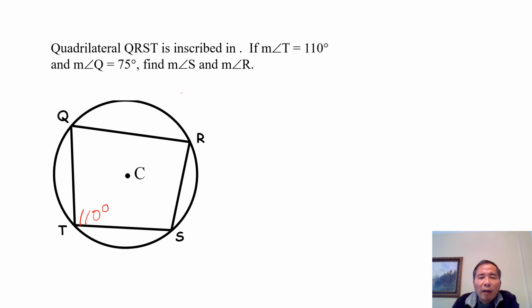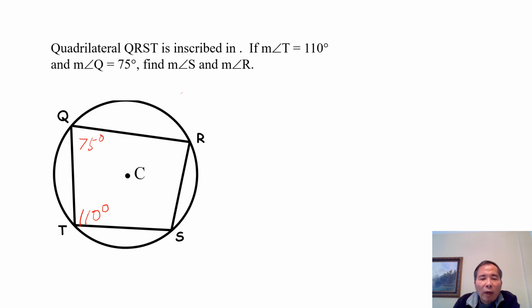Then angle Q is 75 degrees. And we know the whole circle is 360 degrees.